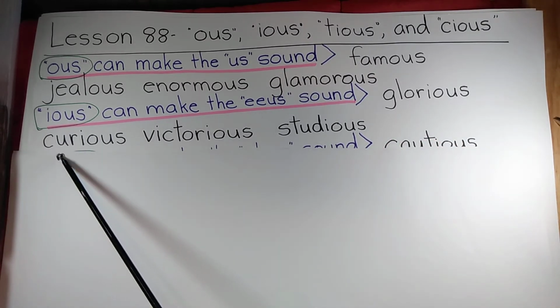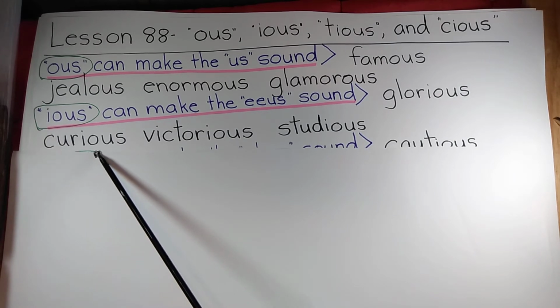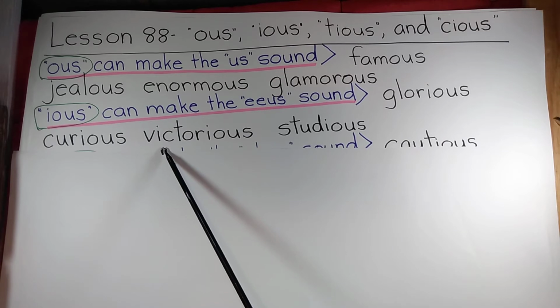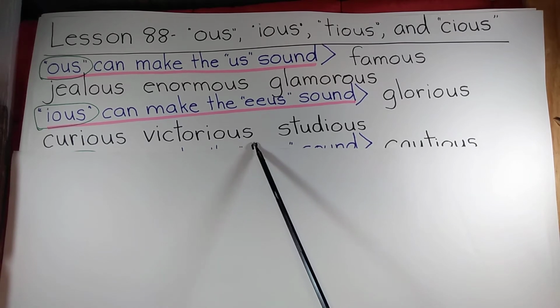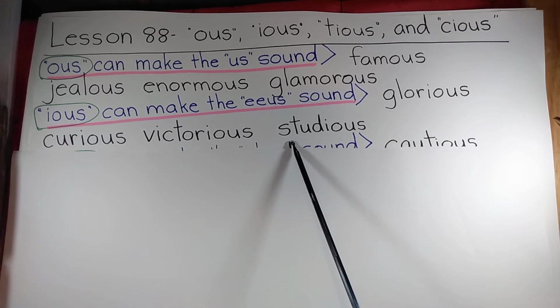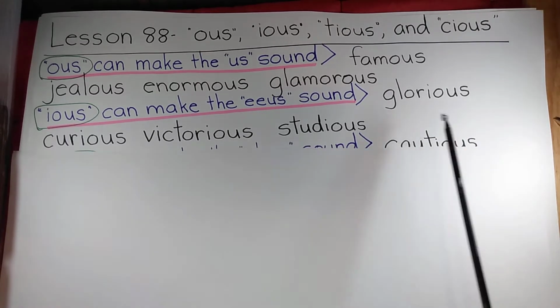Glorious. Curious. Victorious. Studious. I don't want to get too many words before I have you teachers have the students read the words to you. So have the students read these to you. Press pause.